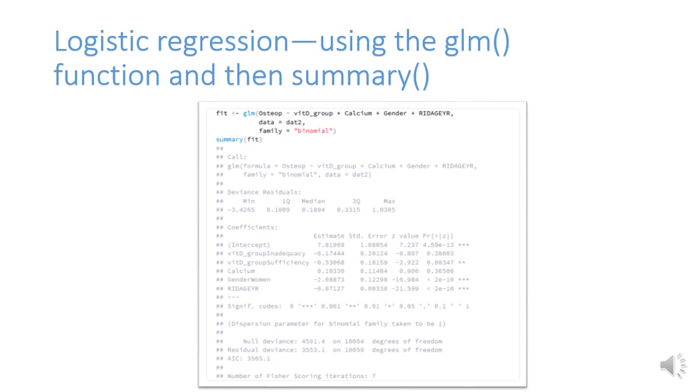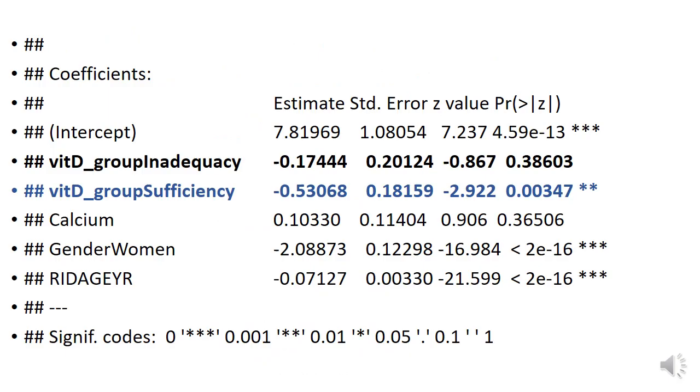Once the analysis is over, you can use the summary function to get the results, which will look like this on your screen. That would be the output from R. But let's take a look at the results. The result states that there is a significant association between vitamin D and osteoporosis.